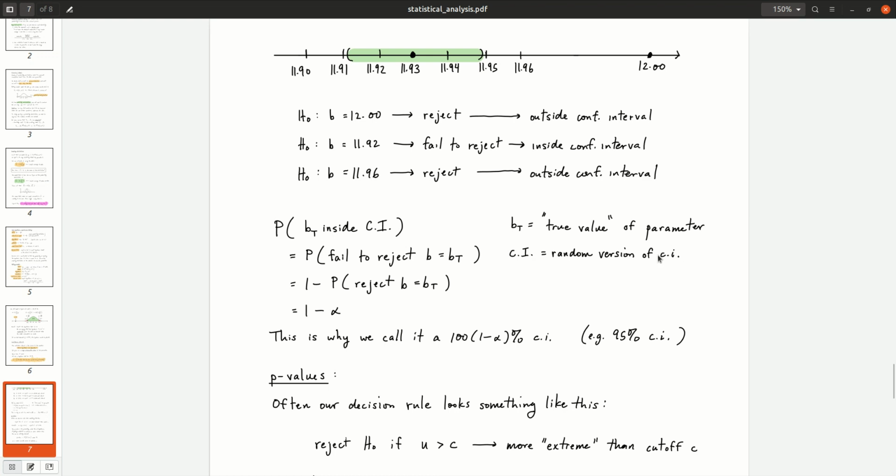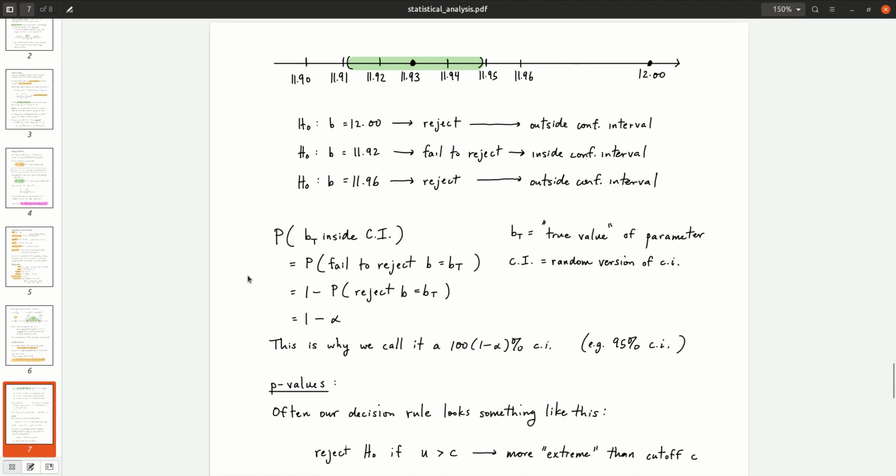Remember that a confidence interval is going to be a specific set of numbers. These are non-random quantities. But you can imagine doing this whole process, but instead of plugging in actual data, you would plug in the random variable version of the data, and you can make probability statements about whether the true value of the parameter is inside the confidence interval.